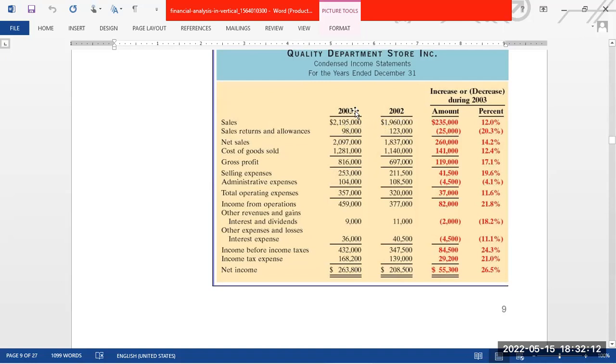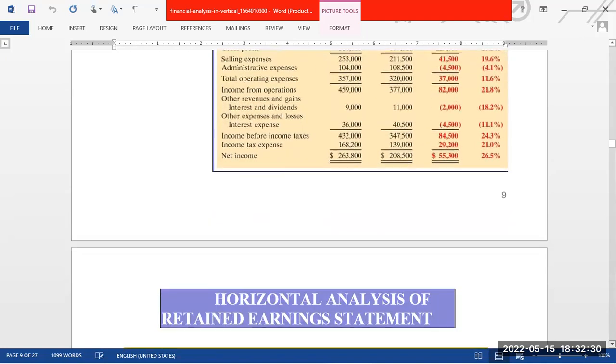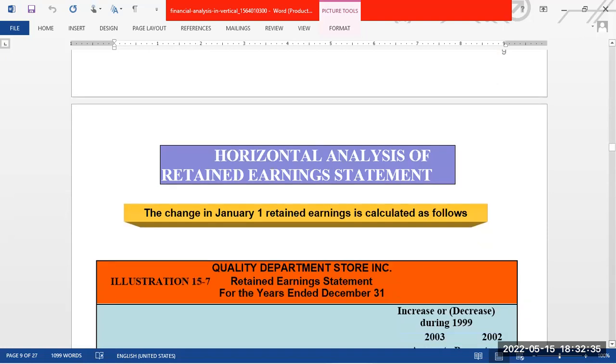Take the figure in the current year minus the figure in the base year, divide by the figure in the base year, then you multiply by 100. You are supposed to be getting all these percentages. That is the simplest way of getting your horizontal analysis in financial statement analysis.